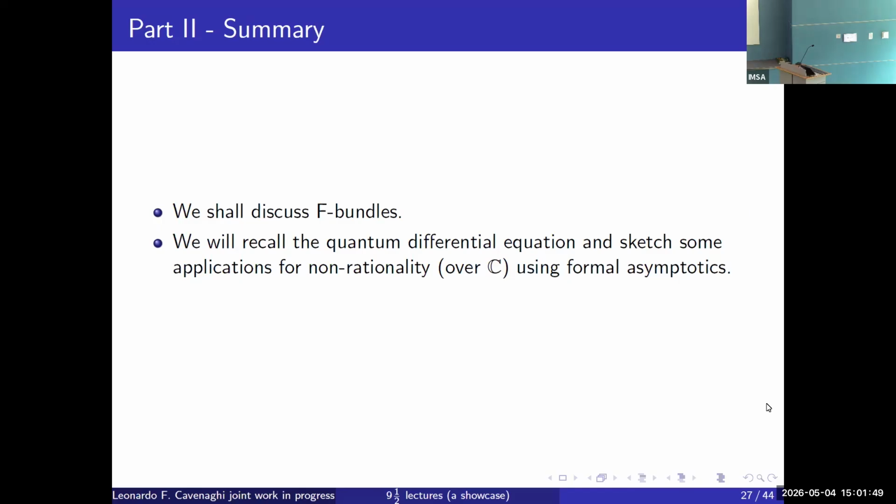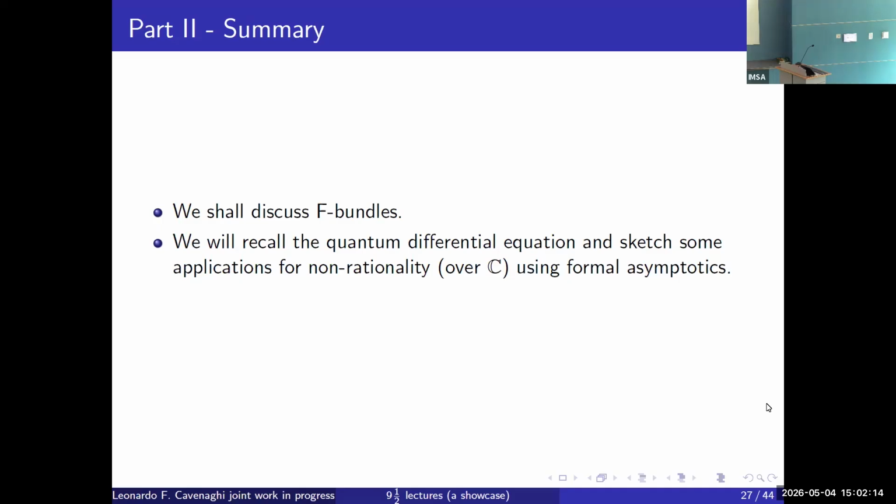So before we just had this A model manifold, now what we're gonna do is to very quickly look at the A model bundle because we want to understand the quantum differential equation very heuristically, and let's try to not get lost in technicalities that are many and require a lot of work.